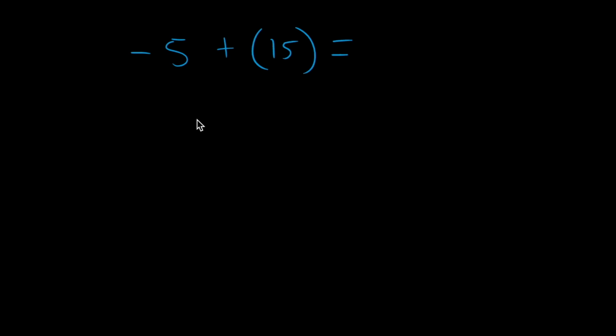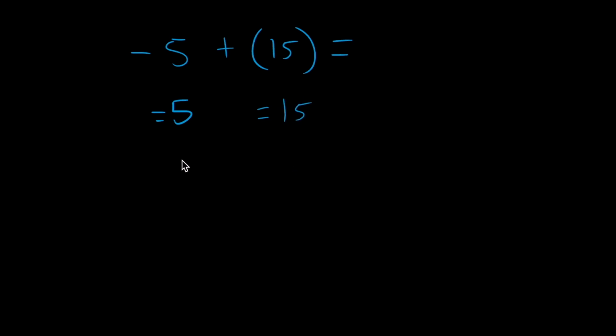Okay, we are adding two numbers with opposite signs. So mentally, think about the absolute value. We are 5 units away from 0, so the absolute value is 5. And then we are 15 units away from 0, so the absolute value is 15.